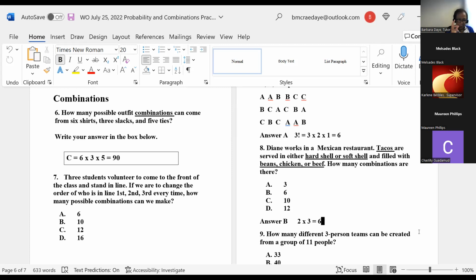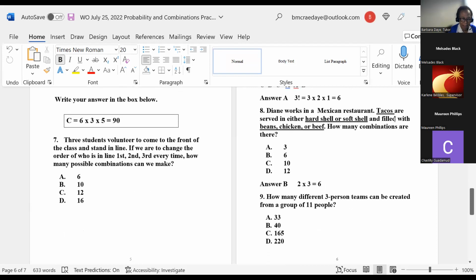That's where you went wrong. See, tacos are served in either hard or soft shell and filled, so that means the taco has to be a combination of a shell and a filling. Got it? Yeah, I got it. I just looked at the fillings alone.